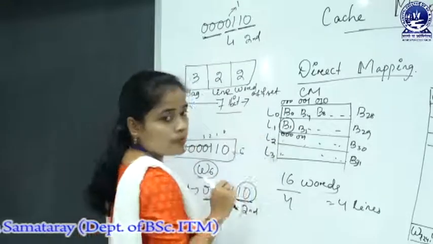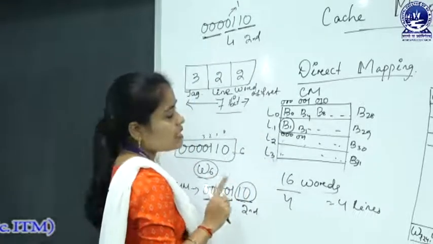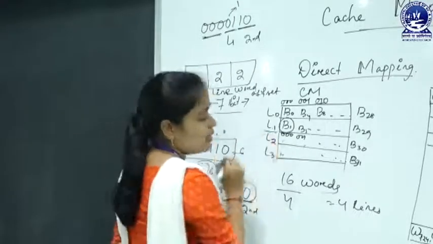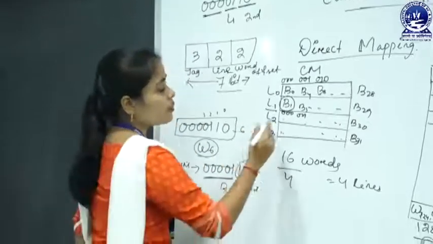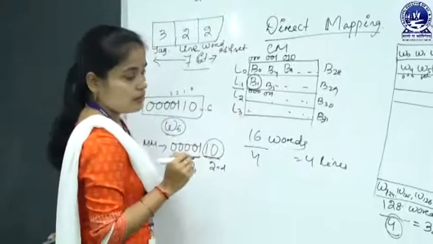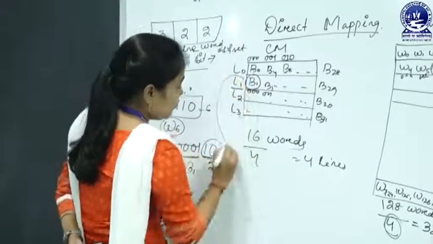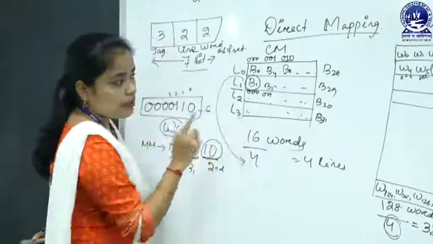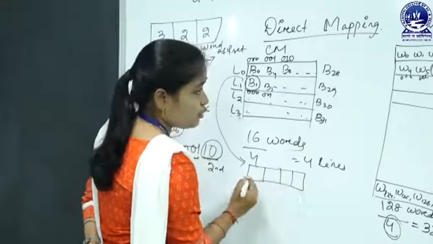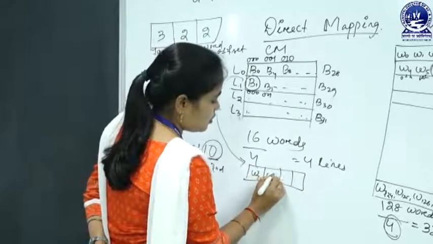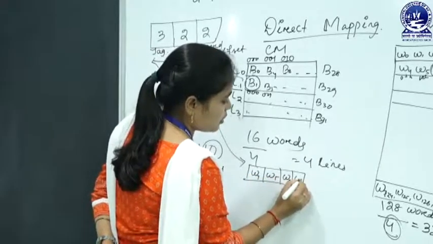So first you have to go to line number 1. Then from line number 1, which block? The block is B1. From this B1, as you can see, B1 holds 4 words: W4, W5, W6 and W7.